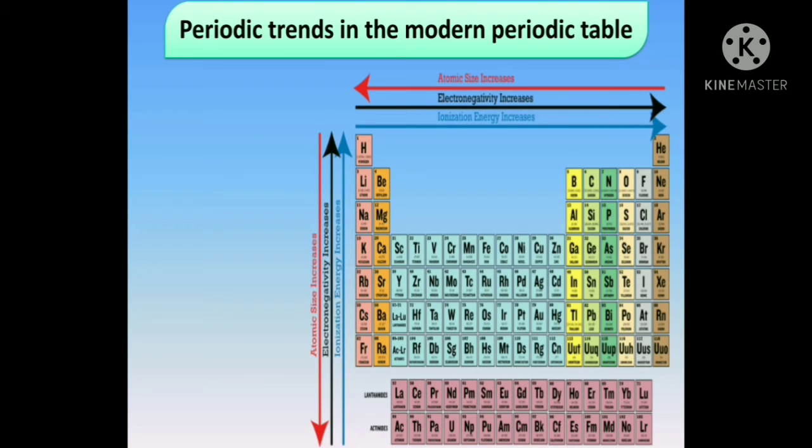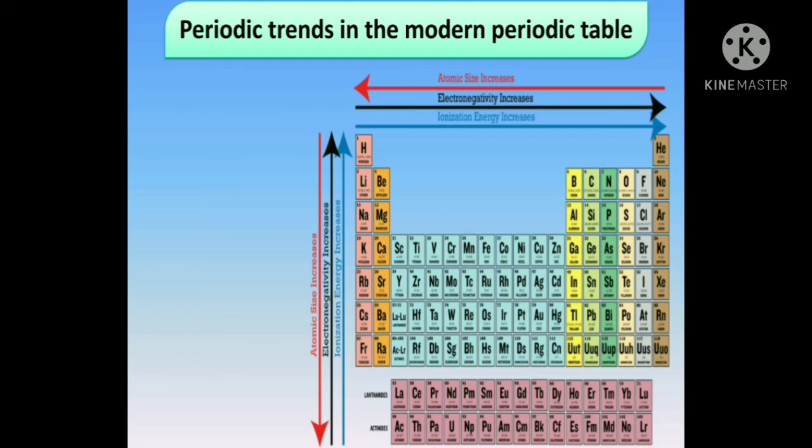The two factors which are very important to understand metallic and non-metallic characters are increasing nuclear charge and decreasing atomic radius. These both are responsible for increase of effective nuclear charge.